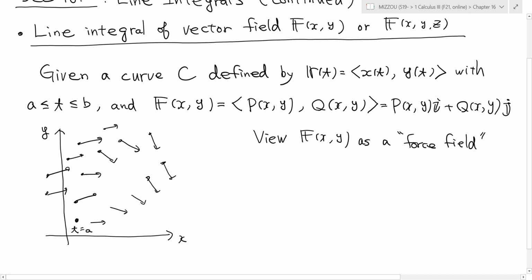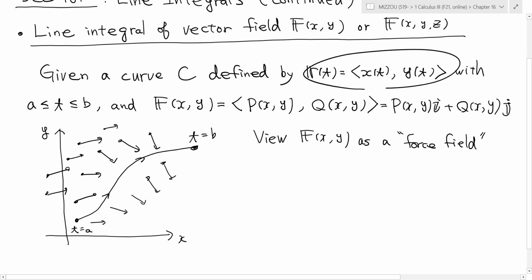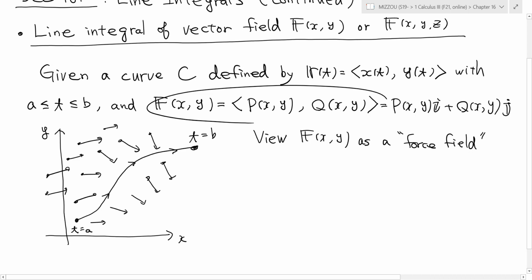And then you move your finger along the curve like this, and t equals b. So you move your finger along this curve given by r of t. Since you are moving your finger in a moving water surface, water acts on your finger, namely the force field acts on your finger, and that produces work in the sense of physics.